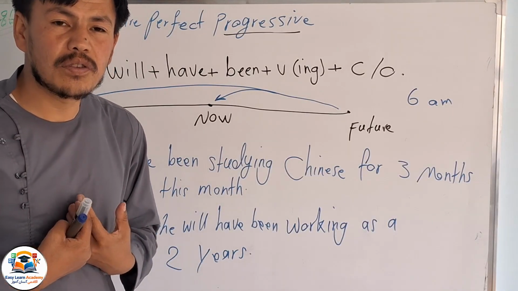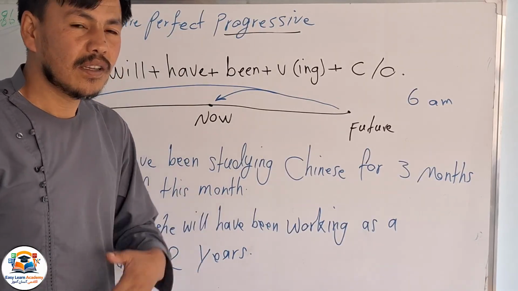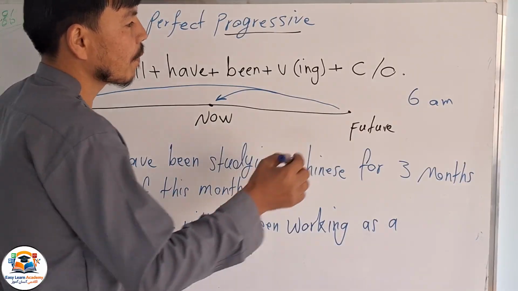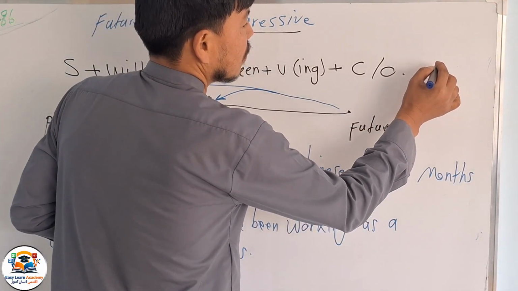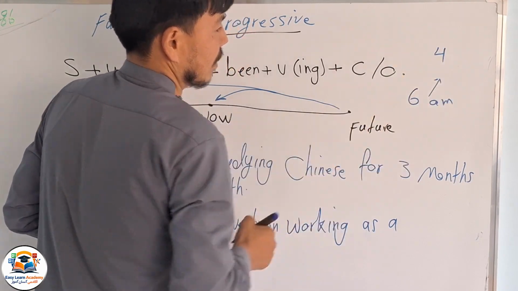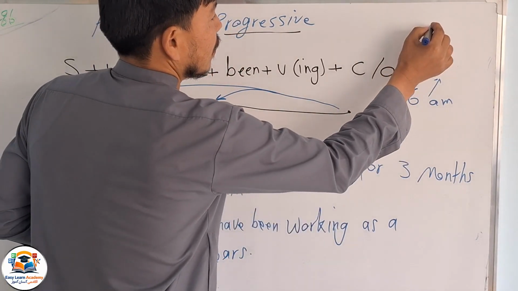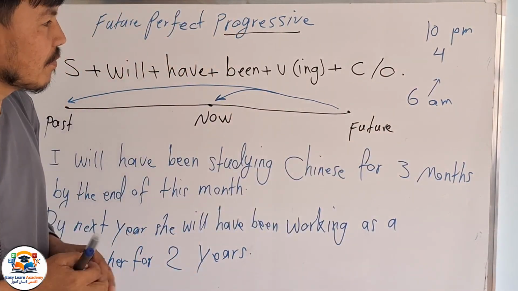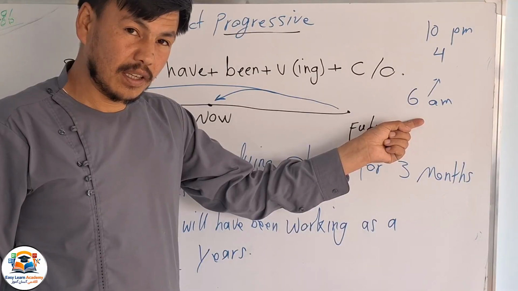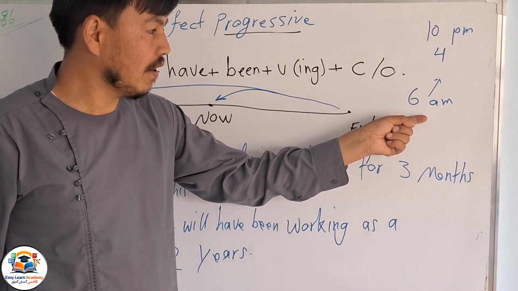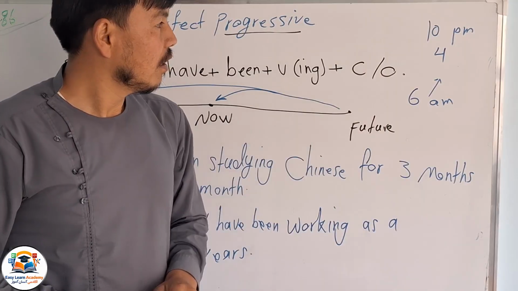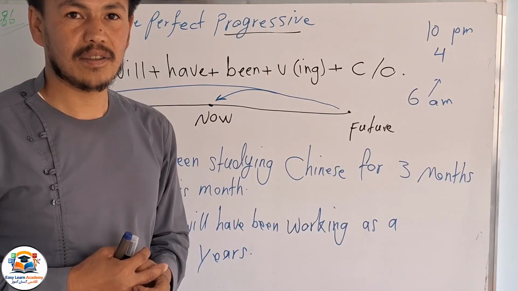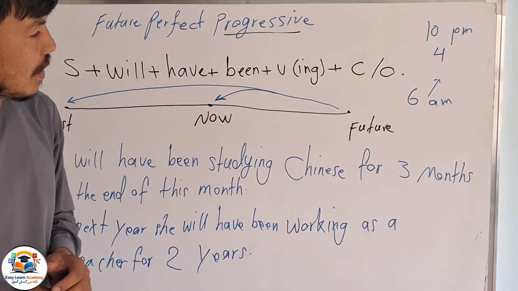And let us suppose you are supposed to continue working after 6 as well, and you will work maybe 4 more hours. So till 10 p.m. you will be working. So how many hours? You started 6 in the morning, now it's 6 in the evening, 12 hours and plus 4, it will be 16 hours. Okay, 16 hours.